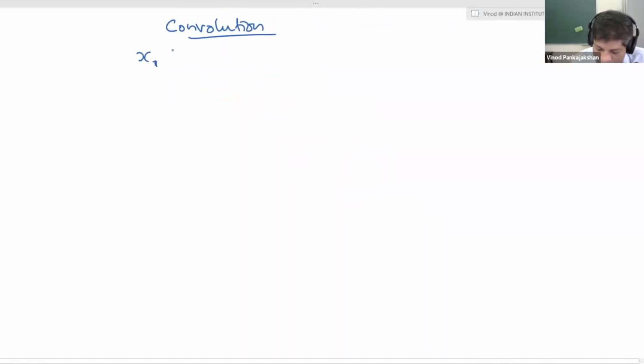Consider two signals x1t and x2t. Let's say the Fourier transform of x1t is X1 of j omega, and the Fourier transform of x2t is X2 of j omega.